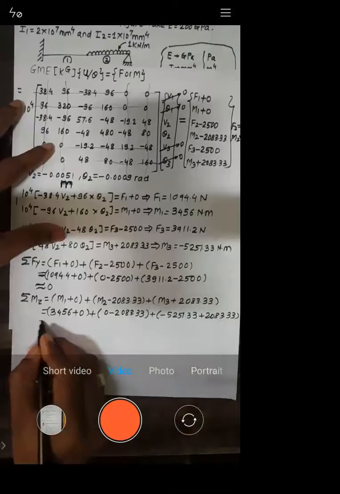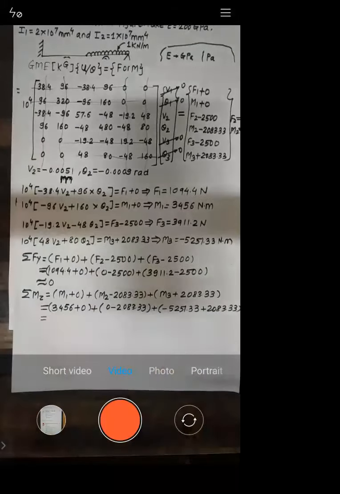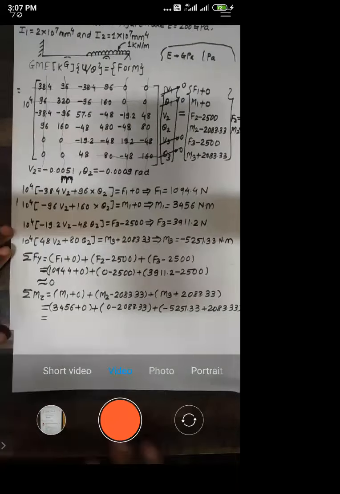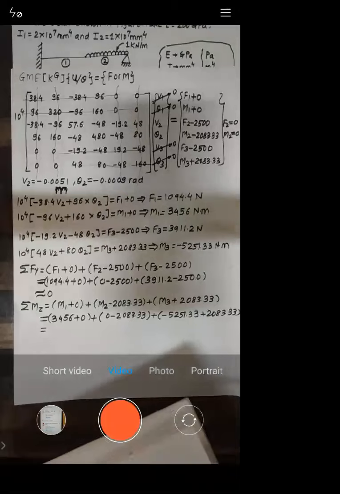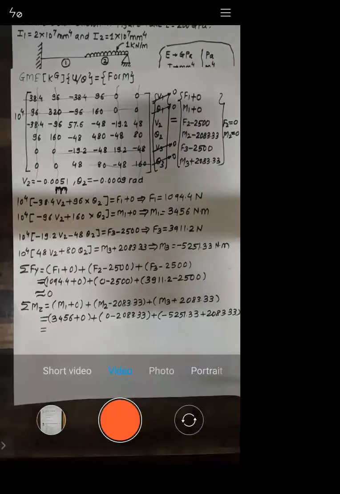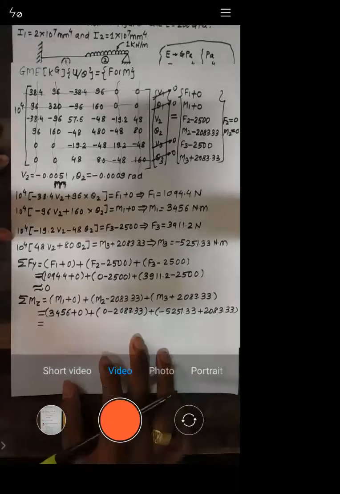Let me know what summation of moments you get about the Z axis.